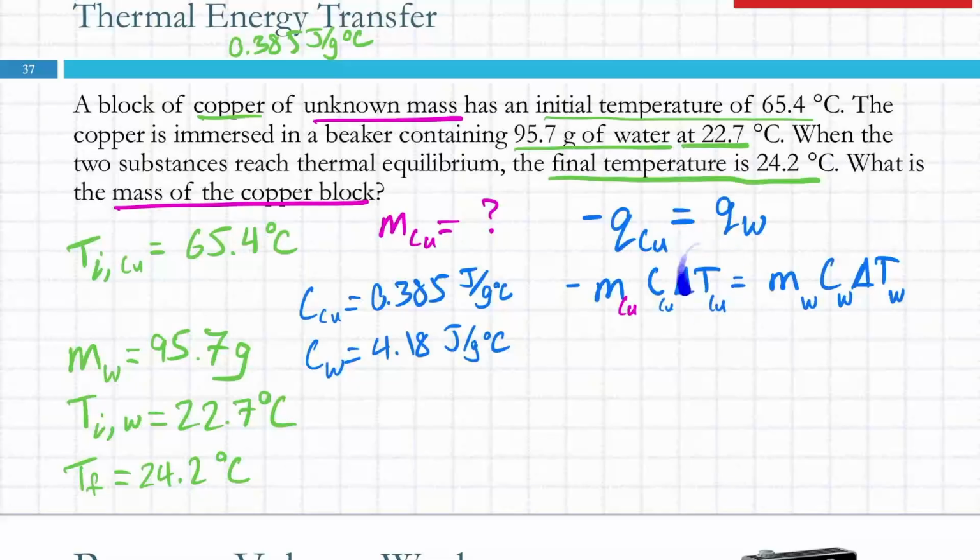Let's go ahead and calculate our ΔT's first. It's going to be temperature final minus temperature initial. So our ΔT for the copper is 24.2 degrees Celsius minus 65.4 degrees Celsius.